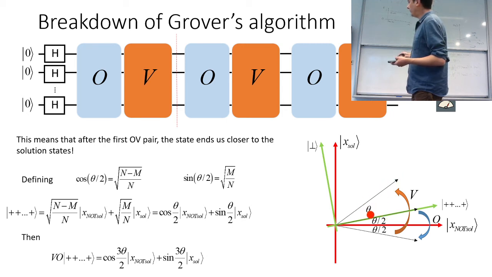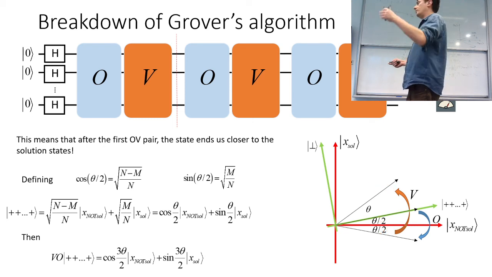So if you think about what happens after one iteration of OV, it'll go down by an angle theta. The theta is defined somewhere over here. And then it'll go up by 2 theta.